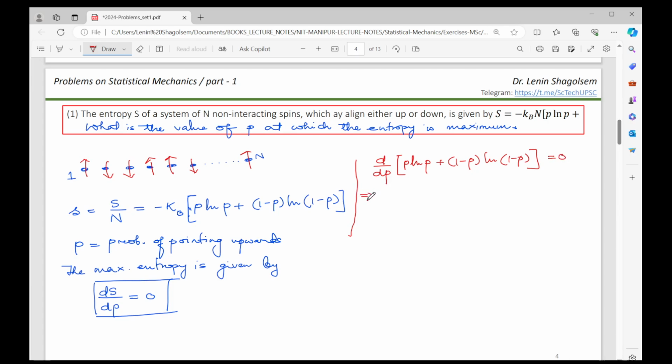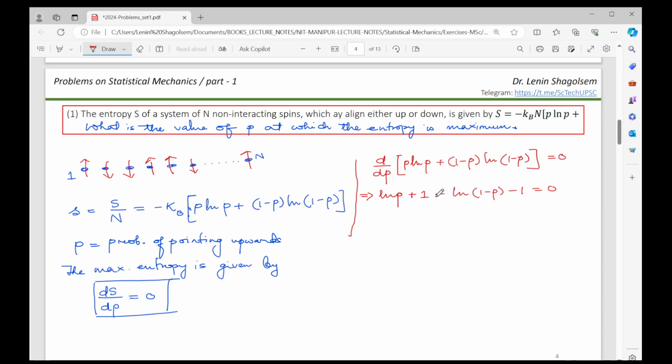So this is nothing but log p plus 1, minus log of 1 minus p, minus 1, equal to 0. I've just skipped the intermediate differentiation step.